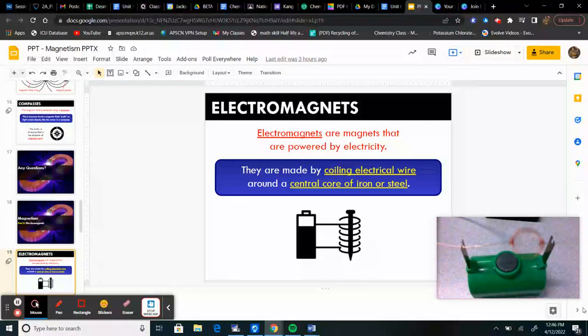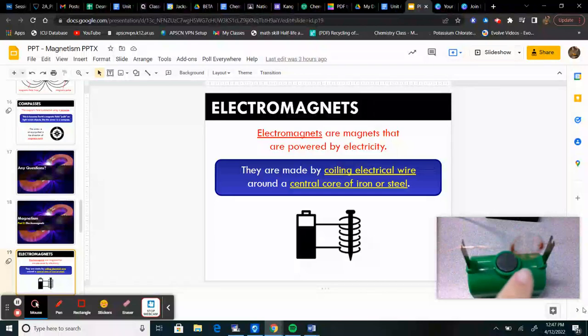So this is going to start looking at number 10. Electromagnetics are magnets that are powered by electricity. And they have an electrical wire that is surrounded in one way or another by a core of iron or steel. So this is still an electromagnet.